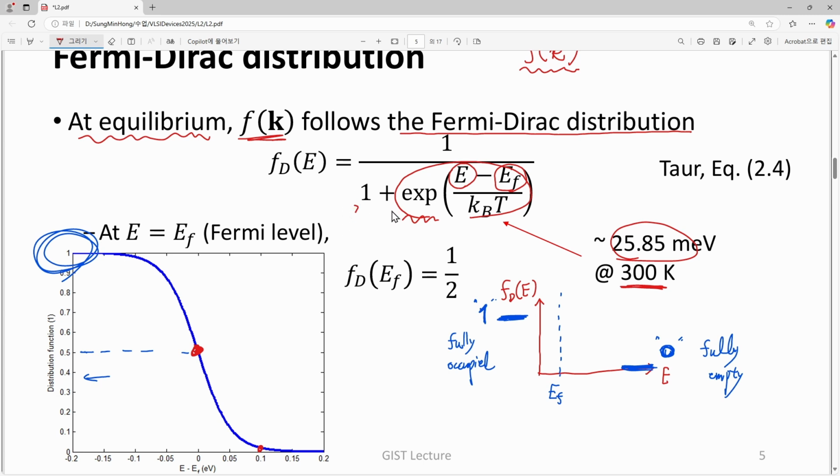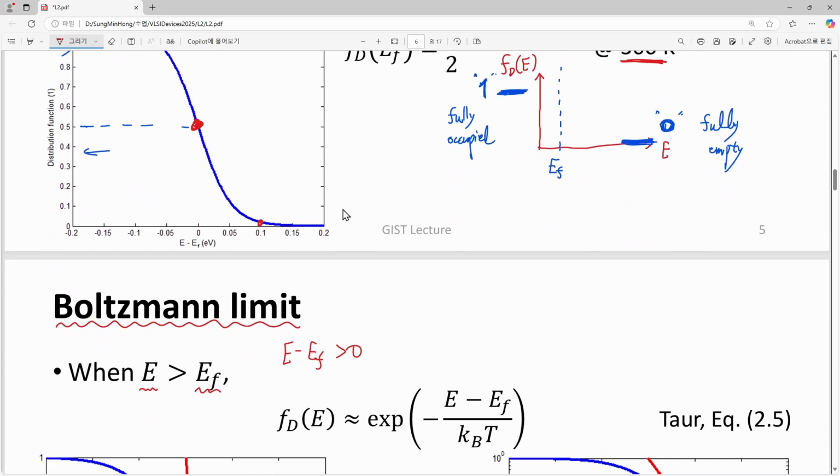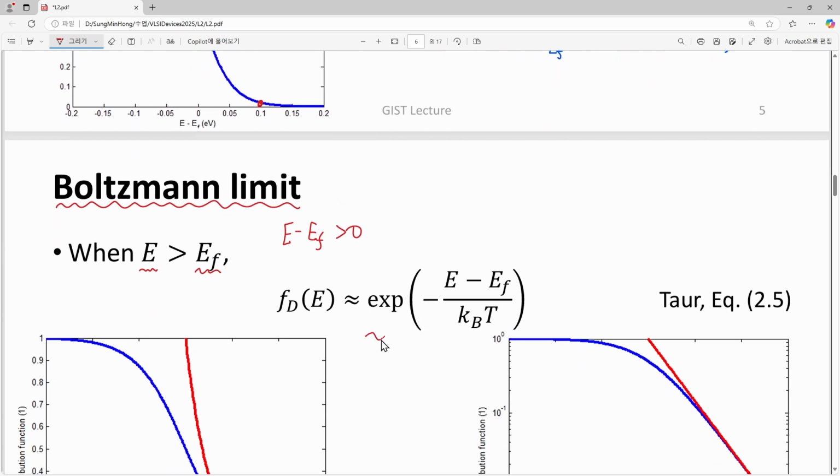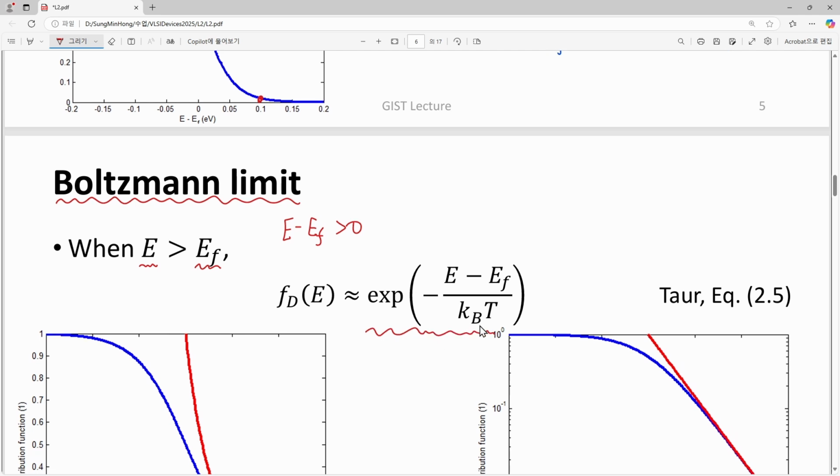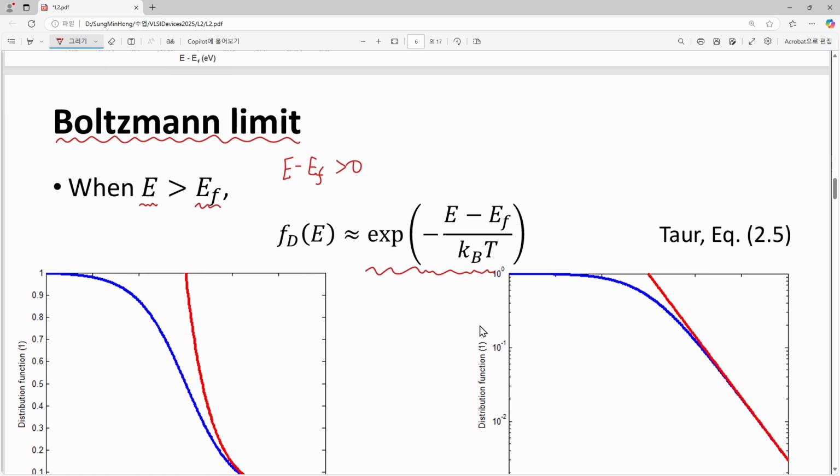Obviously, this exponential is dominant, so let's just neglect this part.